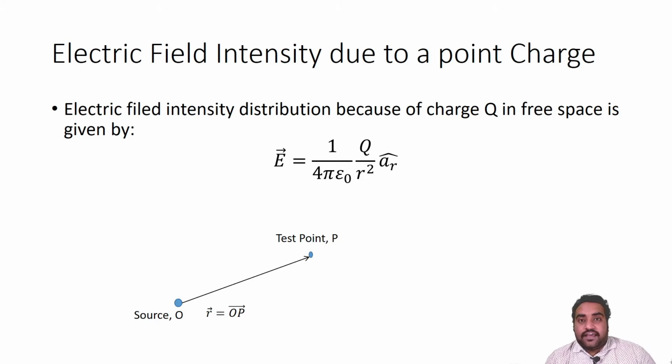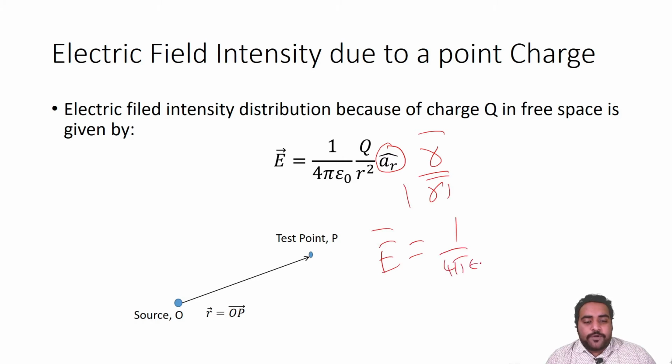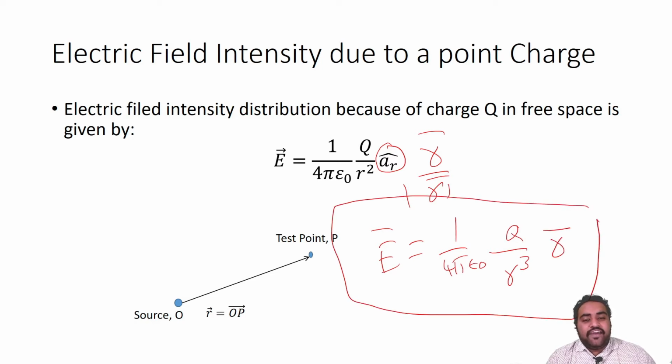Now, by using the principles of vector algebra, I can write that a_R cap is nothing but R bar by mod R, that is R. So I can also say E bar equals 1 by 4 pi epsilon naught Q by R cube in the direction of R bar. This is also a valid expression.